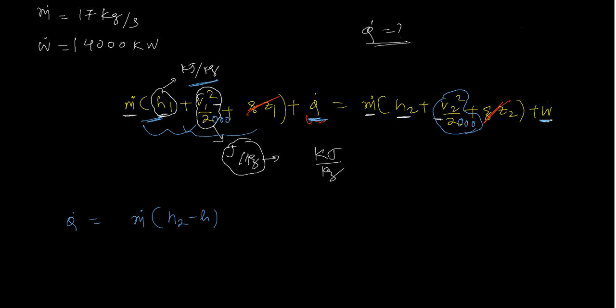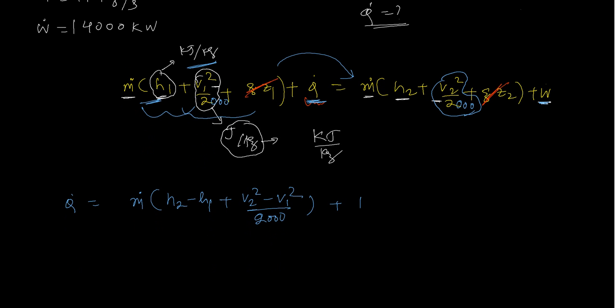So m dot into h2 minus h1, and there will be plus. Okay, so let me clear this equation. So this is h2 minus h1 plus v2 square minus v1 square divided by 2000, and there will be plus w dot. Okay, so w dot data is given to us as 14000.